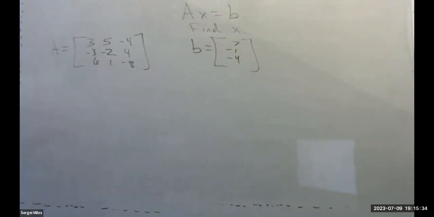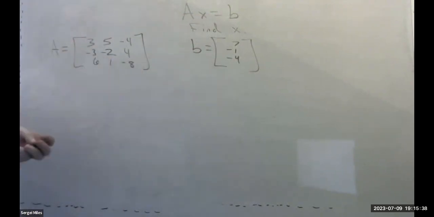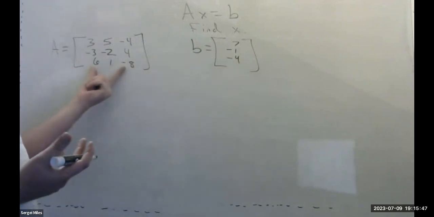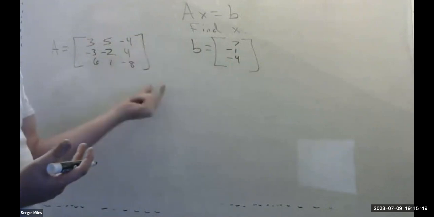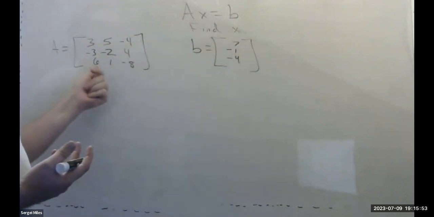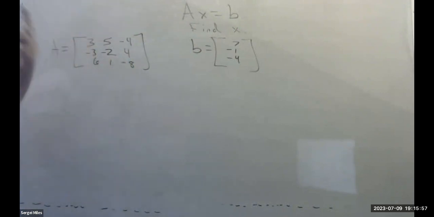I could also say, determine if B is a linear combination of the columns of A. That's the same question, right? If you're trying to find out if something is a linear combination of something else, you have to put it in the equals column. You're trying to see, are there x's which would allow me to make that combination happen, right? So this is the same question. You can word it either way. It's asking the same thing.